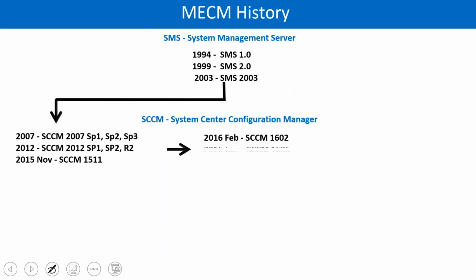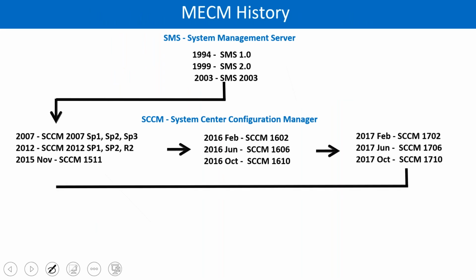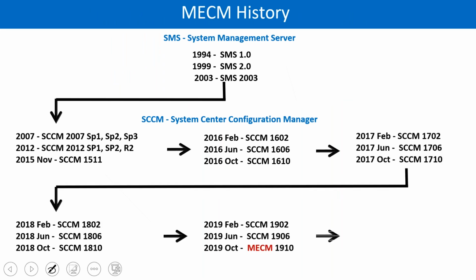now I'm gonna give you little background of SCCM, when this product started, and what all versions released so far. So this product was started in 1994 from Microsoft, and the name of this product was SMS, System Management Server. So we used to call it as System Management Server.